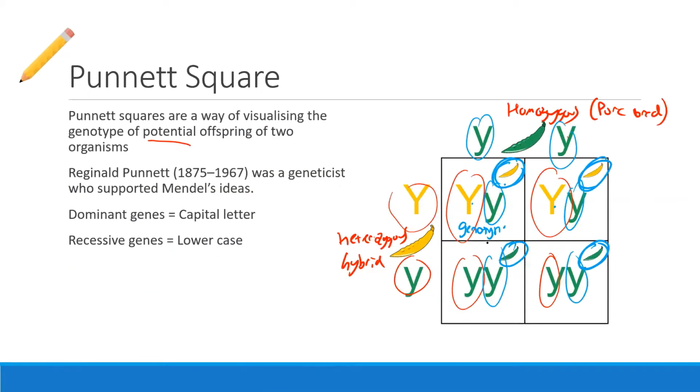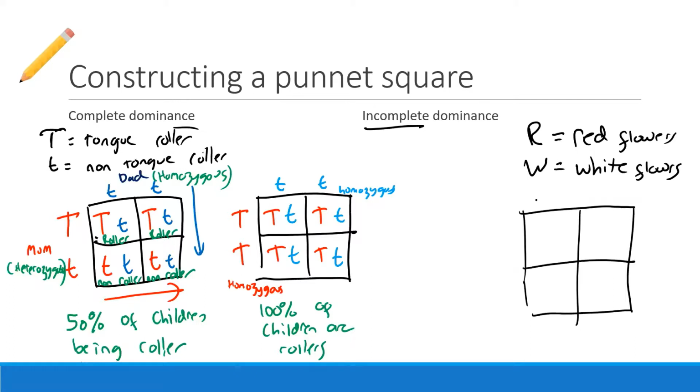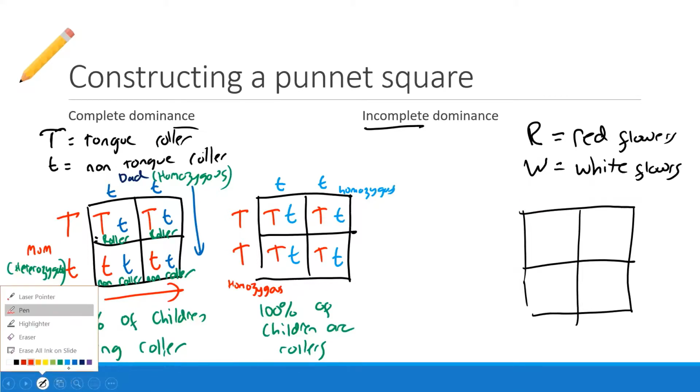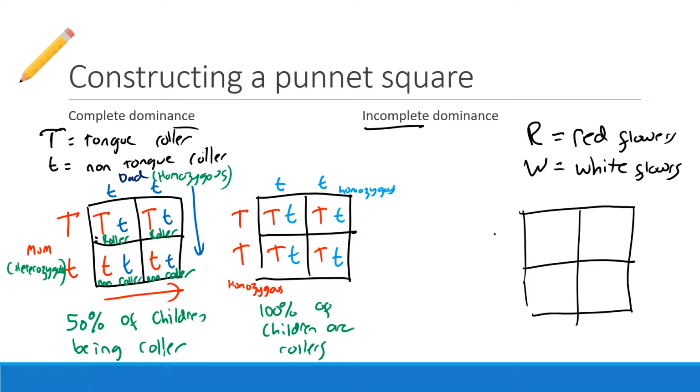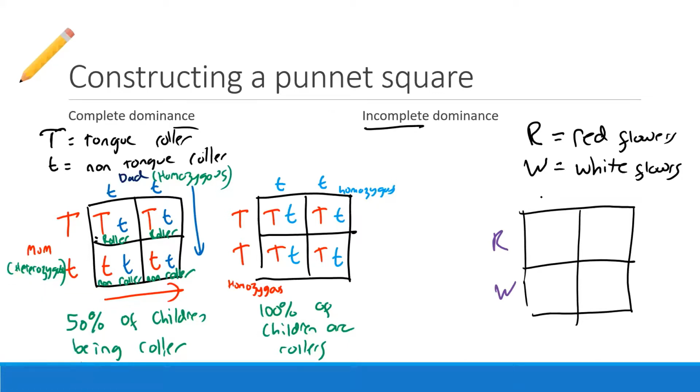What happens when two hybrids meet? I'm not going to use red because I don't want to make it confusing. What happens when you have a red-white meeting a red-white? What happens when these two things meet?